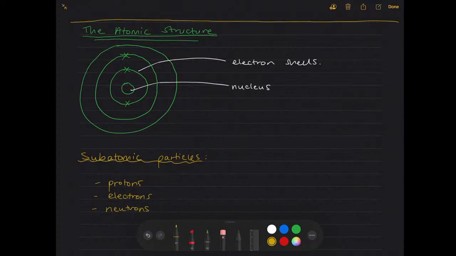Just to recap, protons have a positive charge, electrons have a negative charge, and neutrons are neutral. They have no charge, so we can ignore them. And actually we have to put a line like that to make it unambiguous.